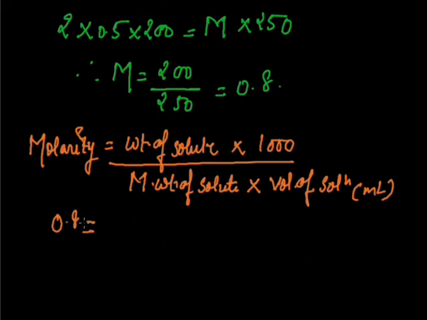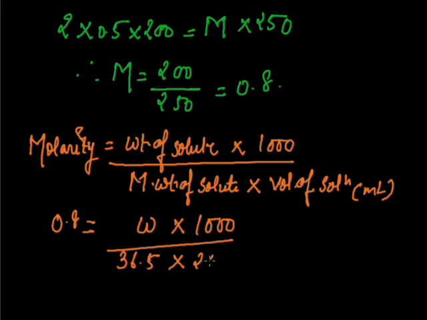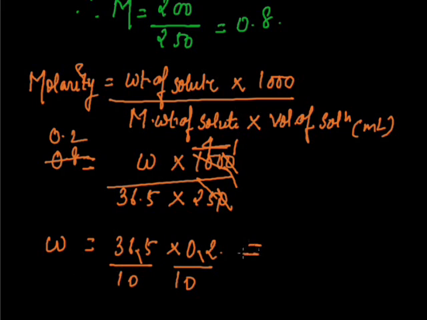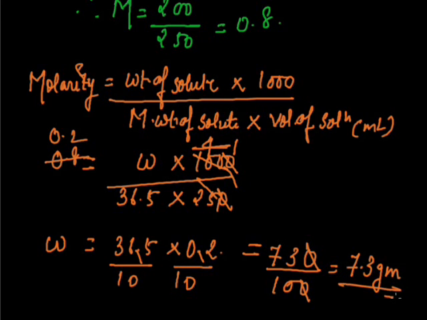Molarity we have found that is 0.8. Consider weight of solute is W. The molecular weight of HCl is 36.5 and the volume of solution given is 250. So W is equal to 36.5 multiplied by 0.8 multiplied by 250 divided by 1000. So the value will be 730 divided by 100, which is equivalent to 7.3 grams.